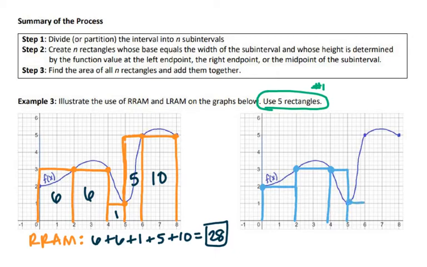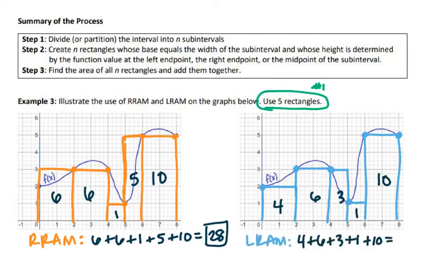And you just continue basing it off of the left endpoint of each pair of points that you're looking at. Okay. I find the left one harder to draw personally because I don't know where it's going to end up, if that makes sense, but it's really still not very difficult. So we're going to have an area of 4, 6, 3, 1, and 10. Which gives us a total area of 24.